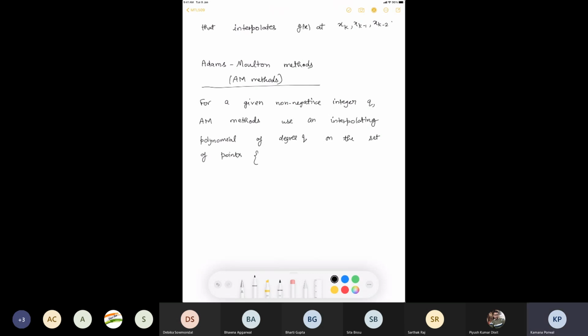Where it differs from the previous method is that here I'm going to include xk plus 1 as well.